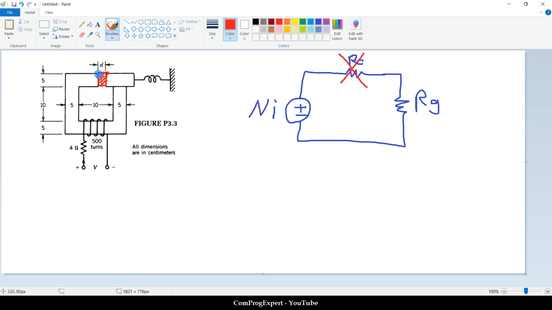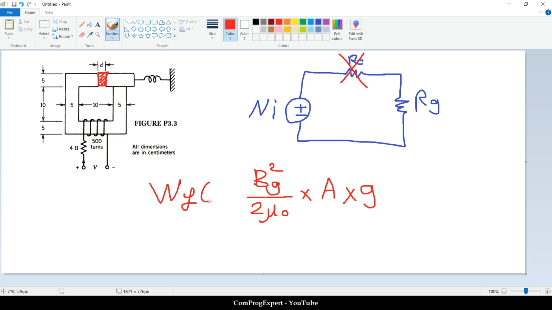So how much is the stored energy in the air gap? It is B_gap squared divided by 2 mu 0, times the volume of the air gap, which is the cross-sectional area of the air gap times the gap thickness. So this is the energy stored in the air gap as a function of gap.